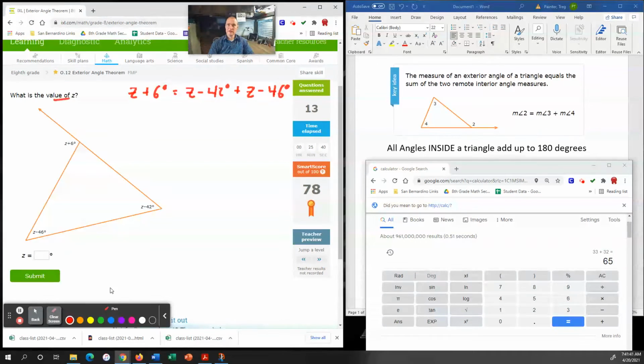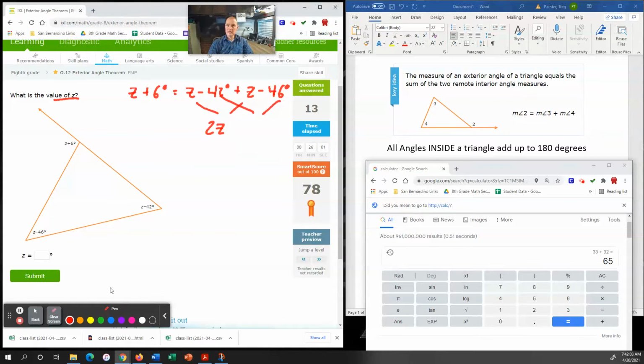Okay, we're finding the value of Z. So we're just going to solve for Z. So constants on one side, Z's on the other side. So I think what I want to do is start with my 2 Z's like I did with my dollar signs in my S's last problem. So 2 Z's put together is 2Z. And what I could do is I could just do the constants as well.